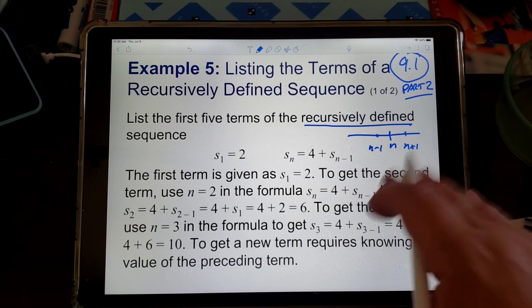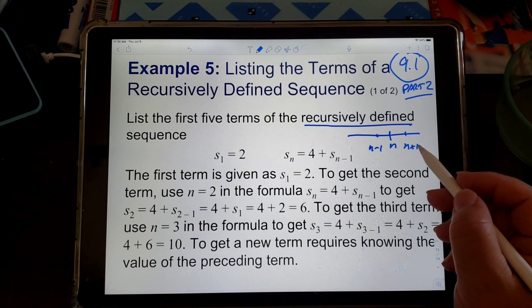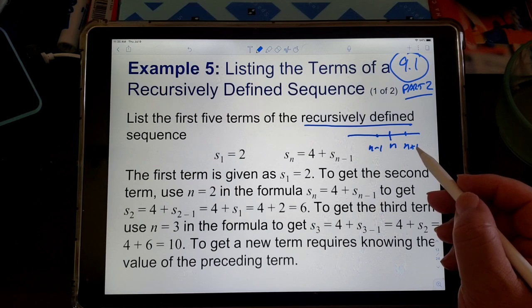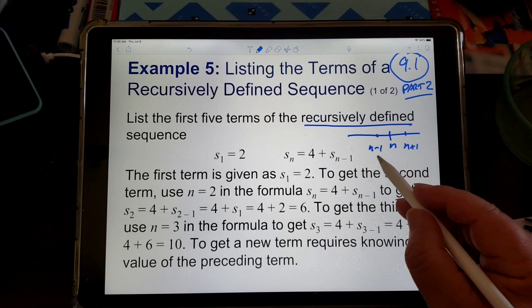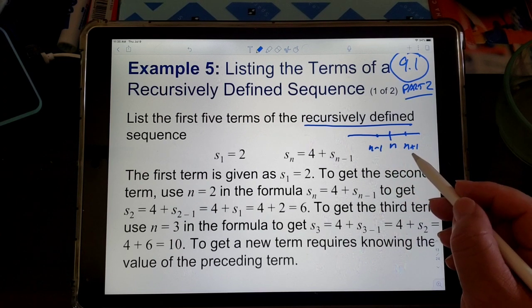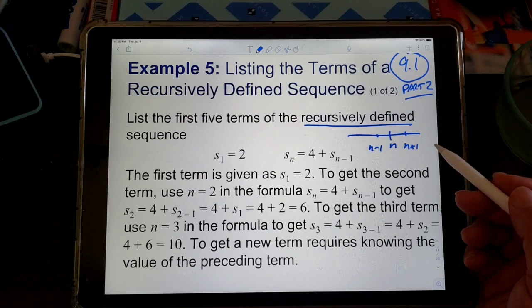That's what I call number line thinking, and students really resist number line thinking. Maybe not on a number line, but they resist it when I talk about a list of numbers.